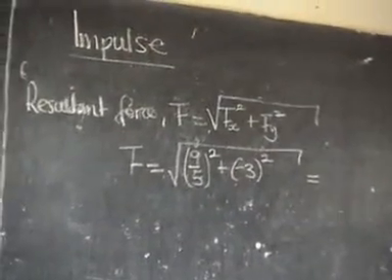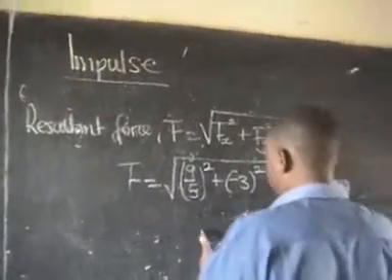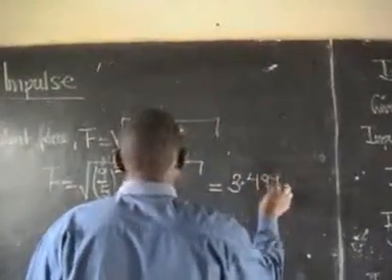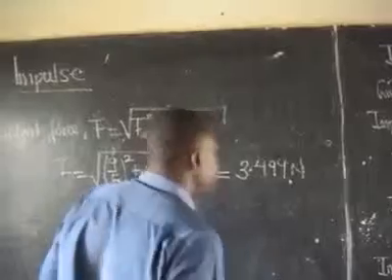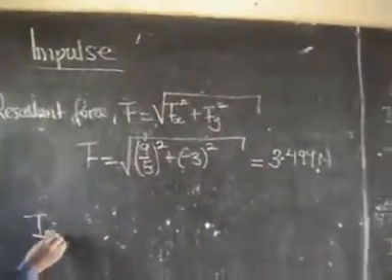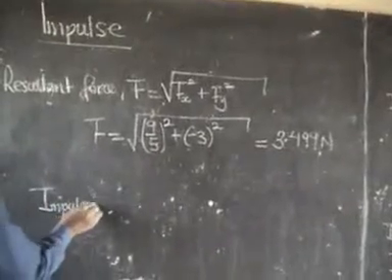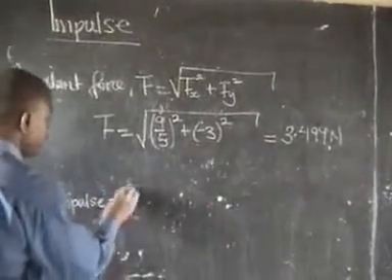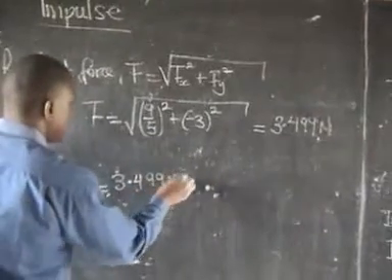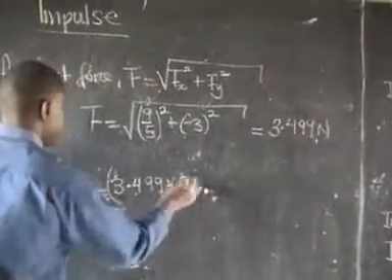It gives us 3.499 newtons, and the impulse will be equal to the force times the time, which is 5.